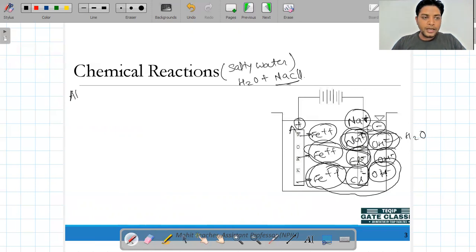So at the anode, Fe releases the positive ions.